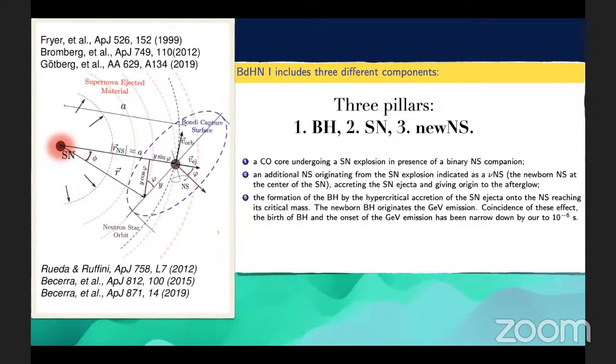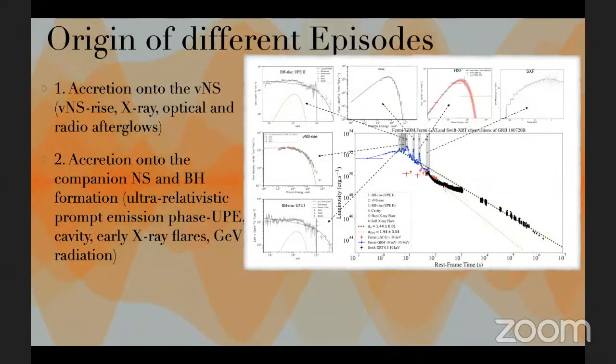And the accretion of the supernova on the black hole gives origin to the most energetic emission, which has two components: in the MeV first, which is the UPE phase, and in the GeV component, which is the power law emission. But this one has its own characteristic and comes out from the black hole, and the energy of this system is just related to the rotation of the black hole and to the mass of the black hole.